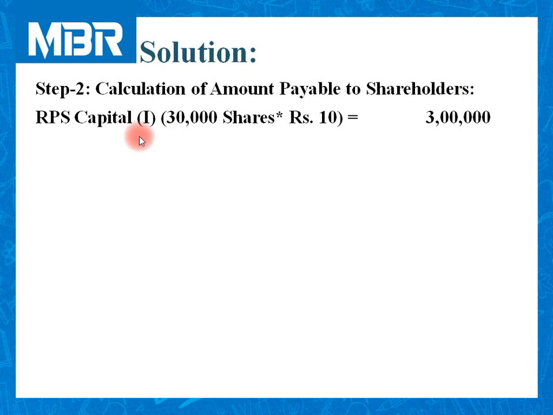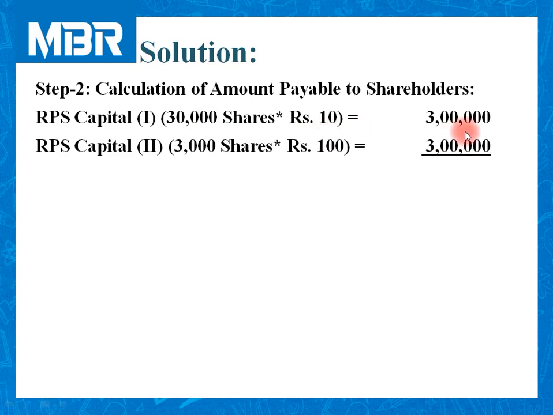RPS Capital 1: 30,000 shares of rupees 10 face value, amount 3 lakhs. RPS Capital 2: 3,000 shares of rupees 100 each, face value 3 lakhs. So total amount of capital payable to RPS holders is 6 lakhs.